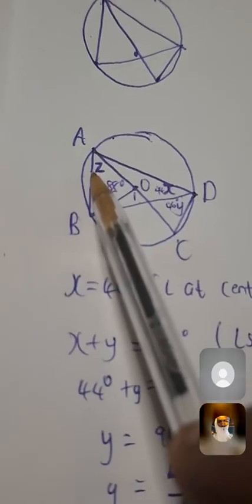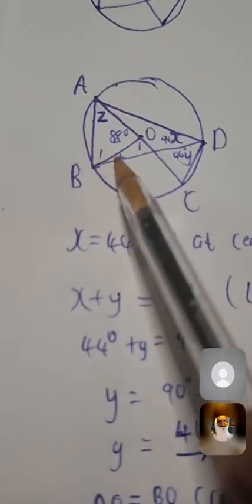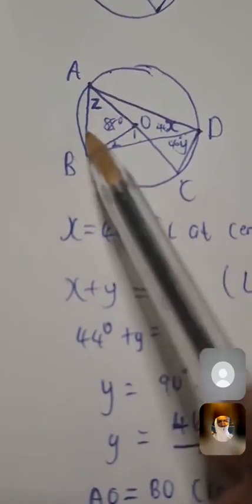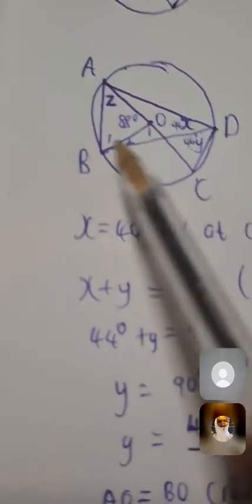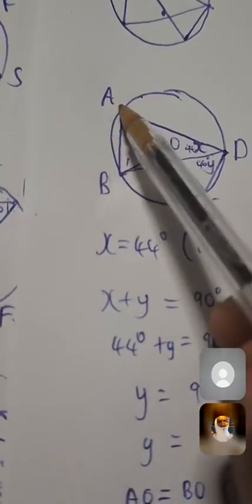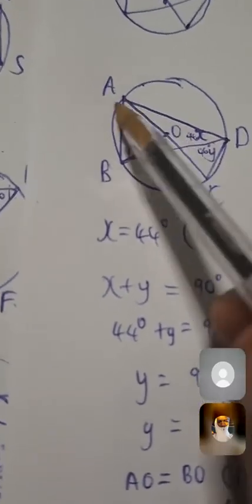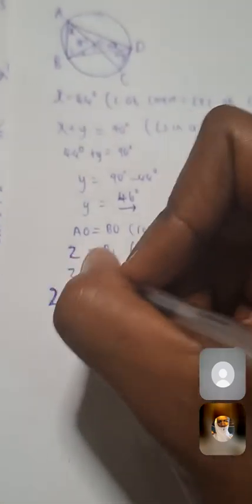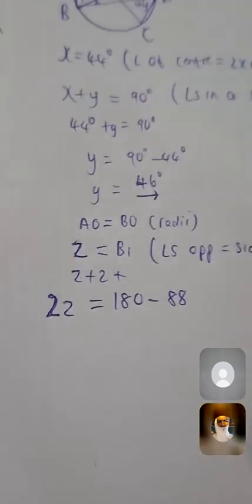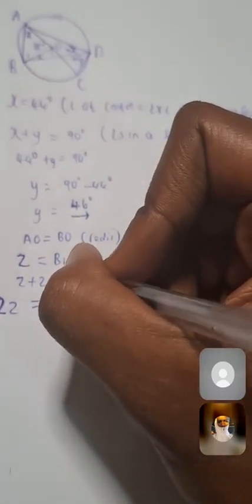Then he concluded that angle Z is equal to B1, because angles opposite equal sides, AO and BO, are equal. Then from there, we can look at triangle AOB and add the angles of the triangle. They all add up to what? I'm just trying to help that person who's probably looking at this and doesn't understand where that comes from.